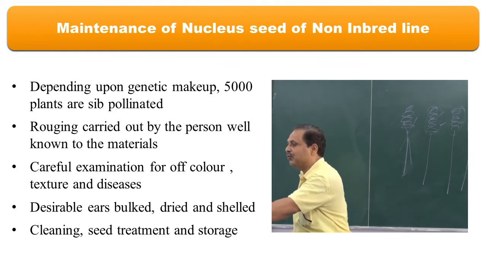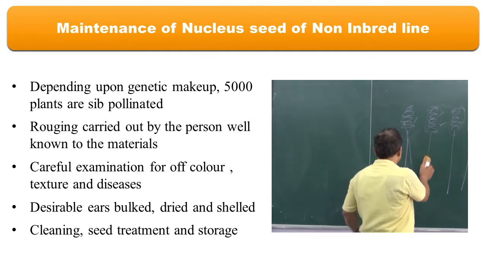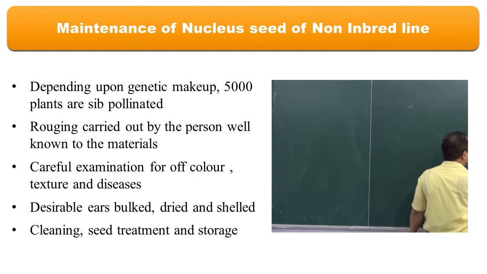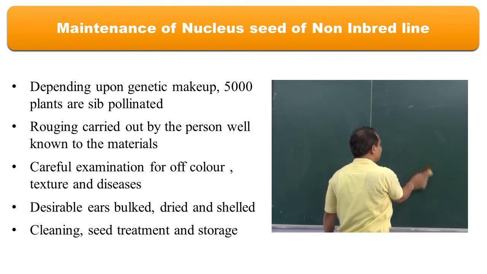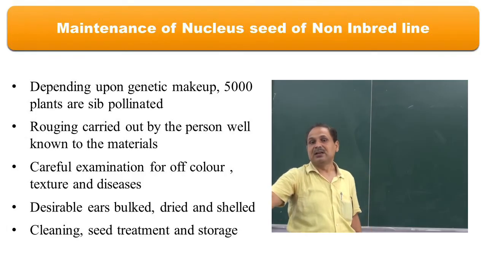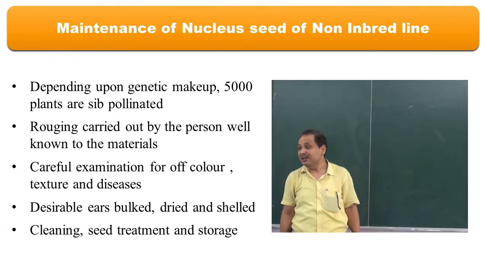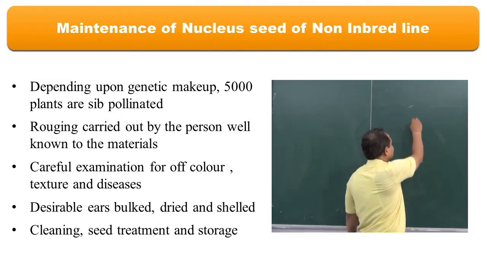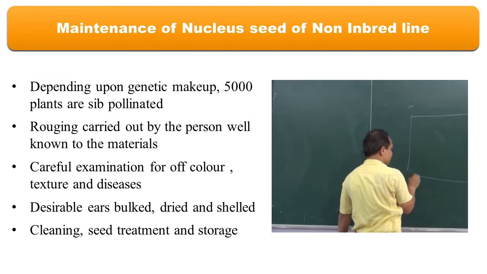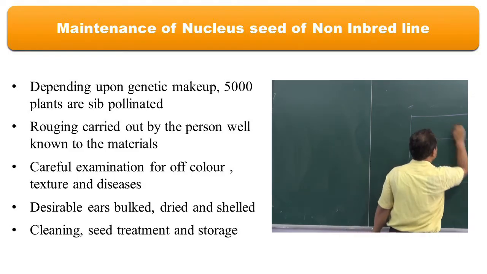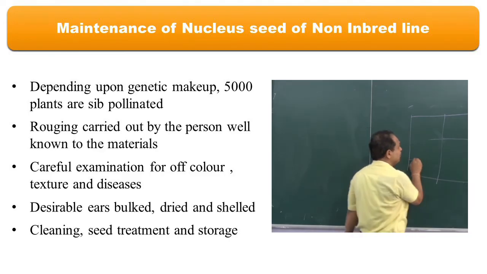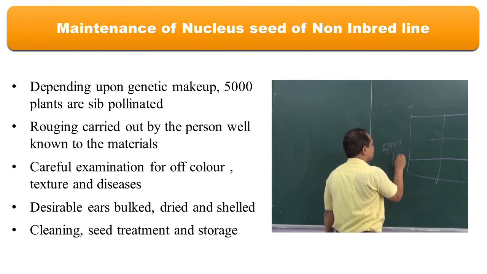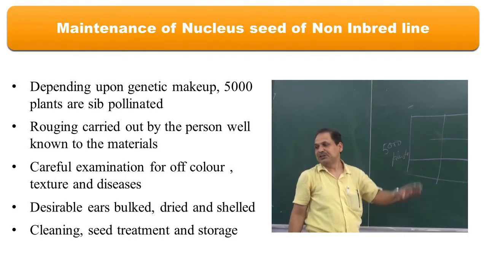Now, the maintenance of nucleus seeds of non-inbred plants. As we said earlier, depending upon the methods of development of variety in cross-pollinated crops, there will be the development of hybrids, composites and synthetics. In the case of non-inbred plants, we make a plot, divided into row plots and compartments, and 5,000 plants are selected from this area.